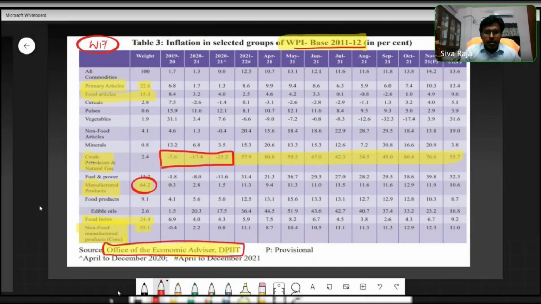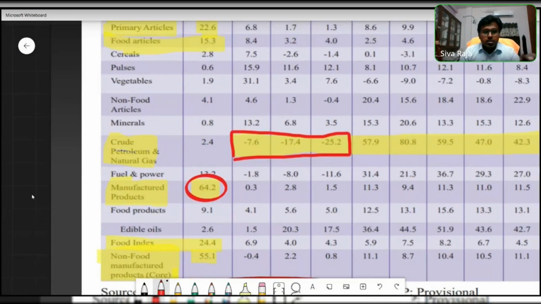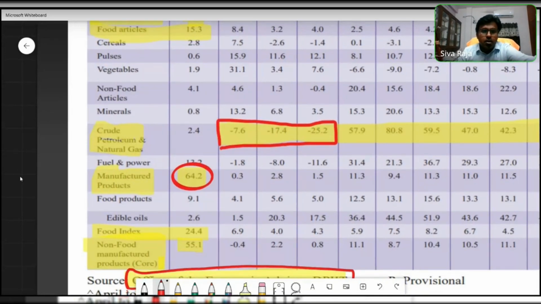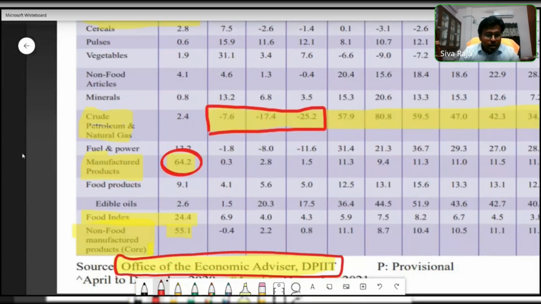So the components in wholesale price index. This is 65%. Then primary articles 20%. But the next thing you should know is that in this 100, the food index is 25%.